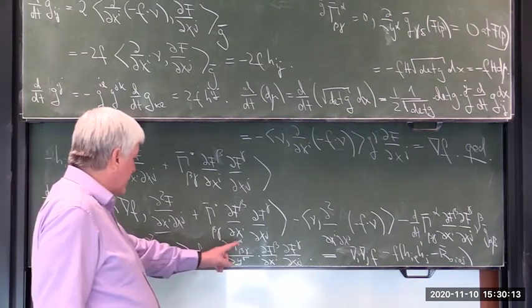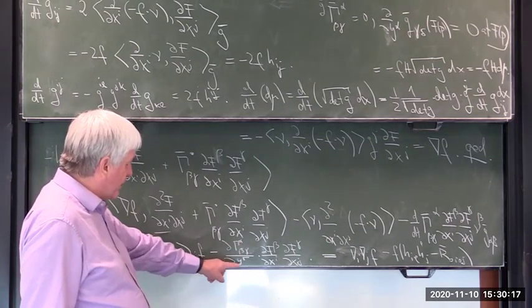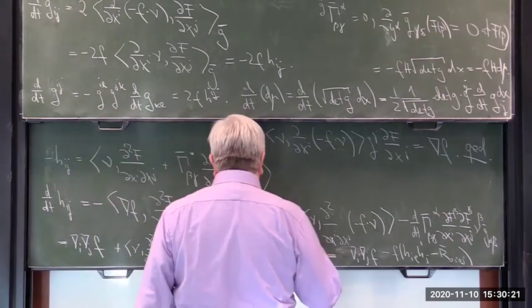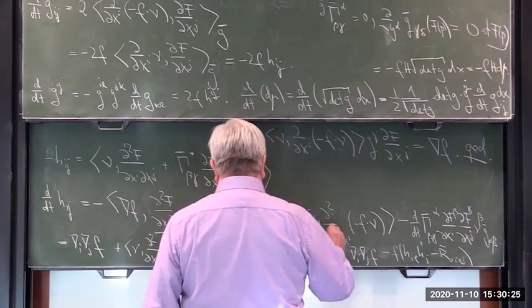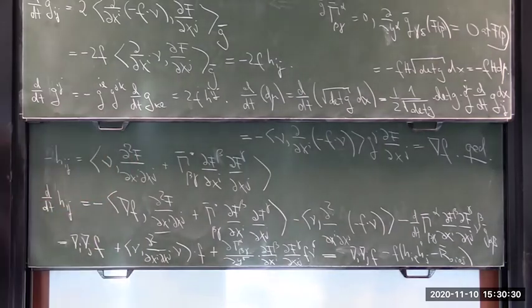Right, I forgot something here. I only wrote down the first part of the chain rule. Right? I took the derivative and then I have to take the time derivative of y, but the time derivative of y was minus f times the normal. So there's a new sigma here. So yeah, sorry. Now it's correct.